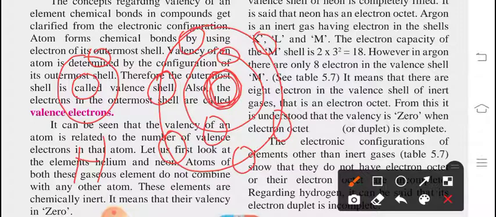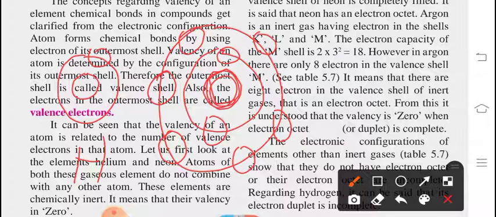To complete the procedure, the outer orbit should complete its octet. Octet means in the outermost orbit there should be 8 electrons. Then only the compound forms.